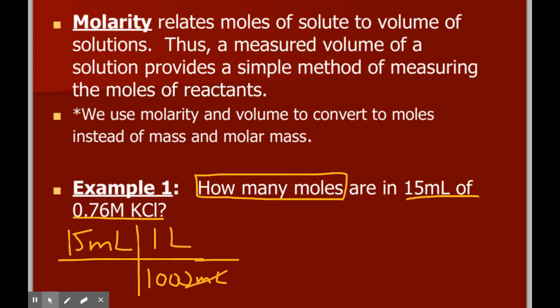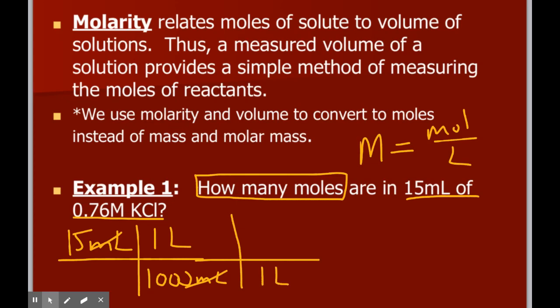So now milliliters cancels out and we're at liters. And now we're going to use the molarity to figure out how many moles are in this solution. And remember, molarity is equal to moles over liters. So we're going to use that as our conversion factor.